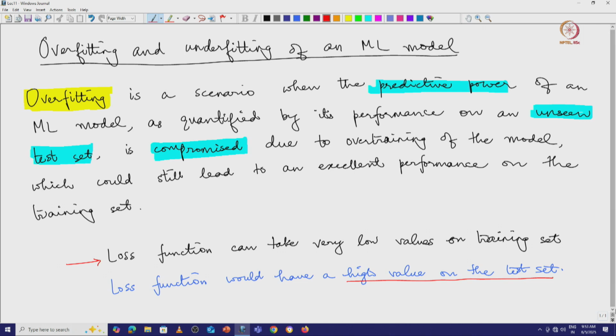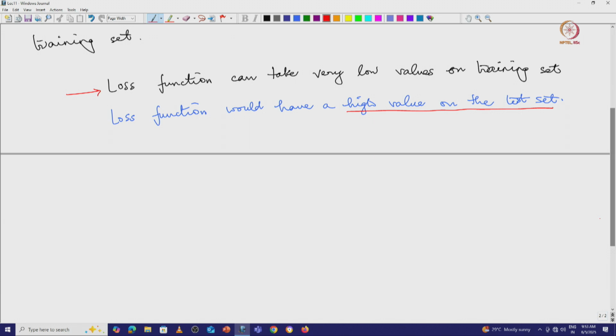Now when does this happen? This happens when the model, like I said, is very complex.